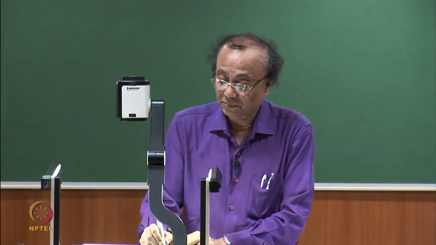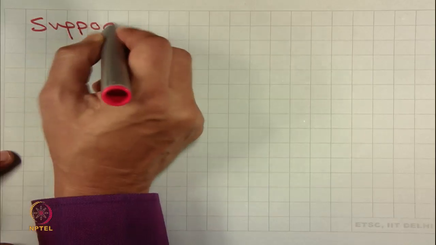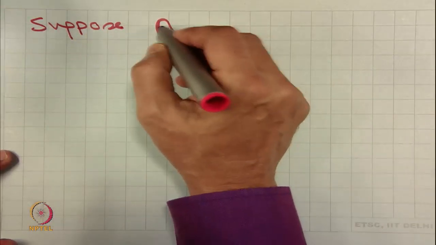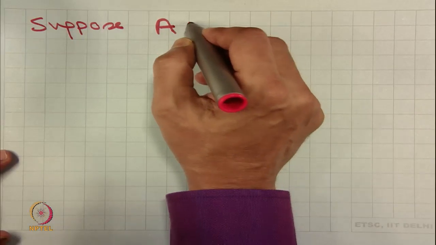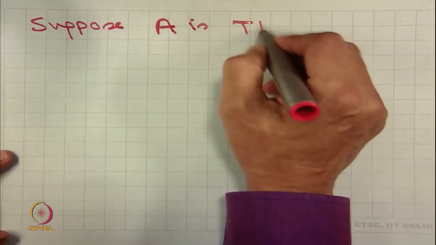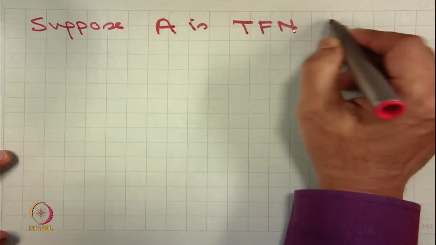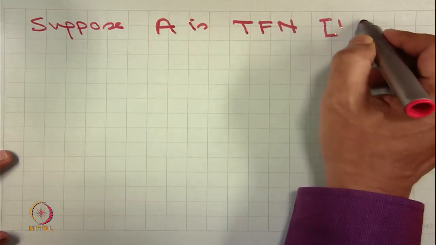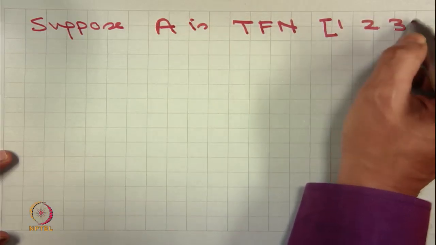Suppose A is the triangular fuzzy number 1, 2, 3.